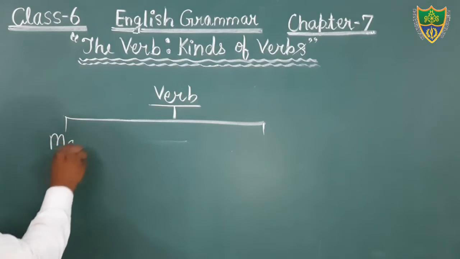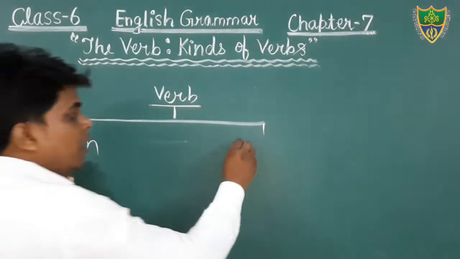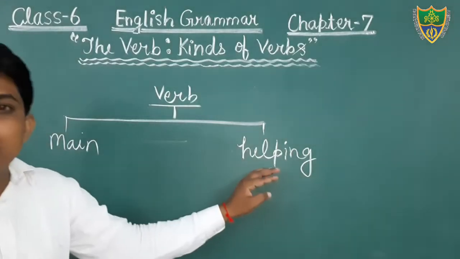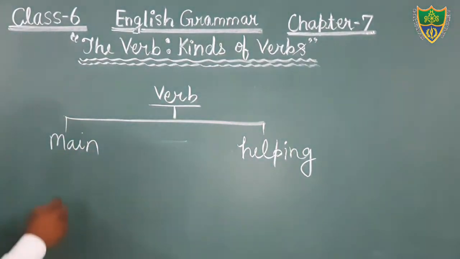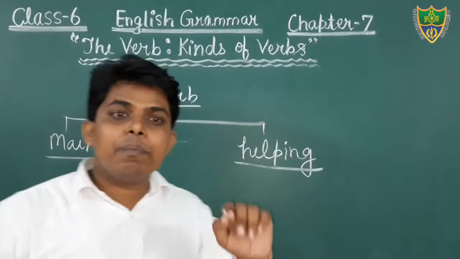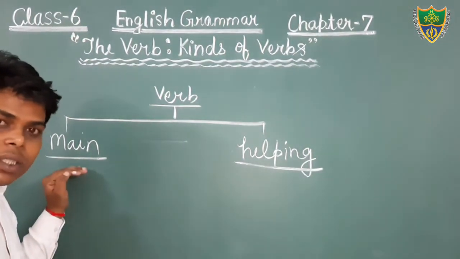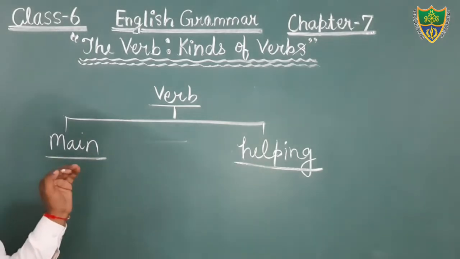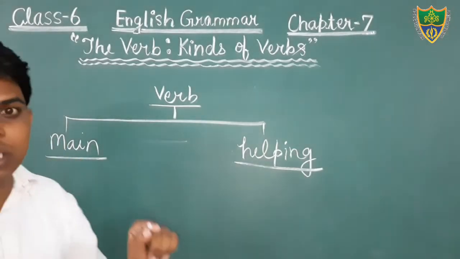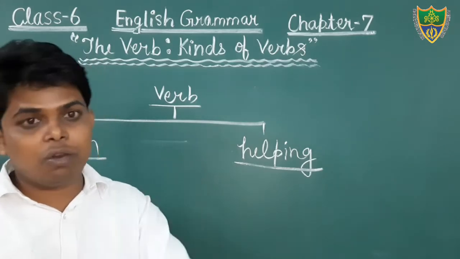There are two kinds of verb, main verb and helping verb. It is also known as auxiliary verb. What is main verb and what is helping verb? I have told you that the main verb can be used with or without a helping verb, both.